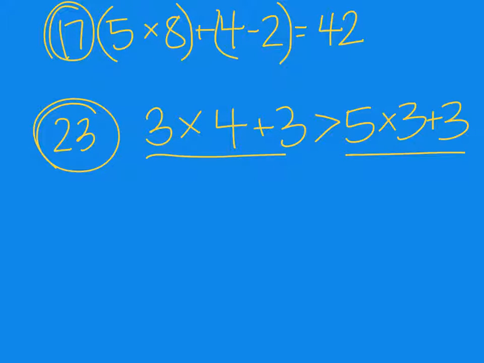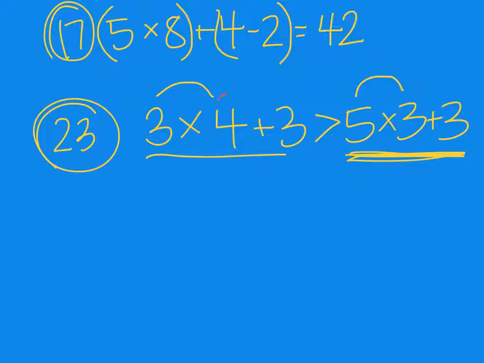Now, I can see right now that 3 times 4 is 12, and 5 times 3 is 15. So right away, that makes it look like this side will be greater. So our placement of parentheses is going to be extremely important here.